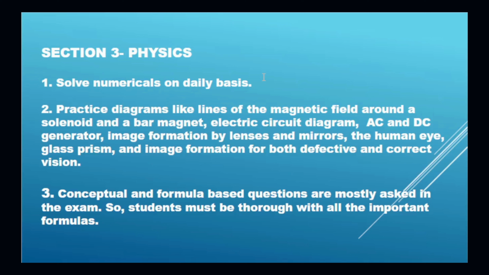Glass prism image formation, and how the image is formed if there is any defect or correction in vision. All these are important questions from both chapters, light reflection and refraction as well as the human eye. So you have to practice this.